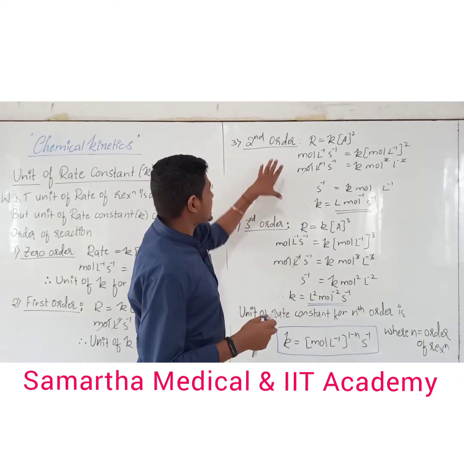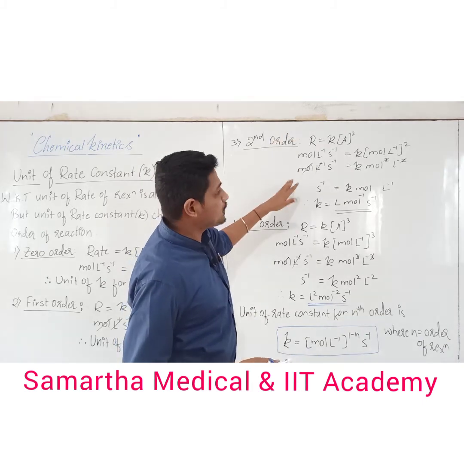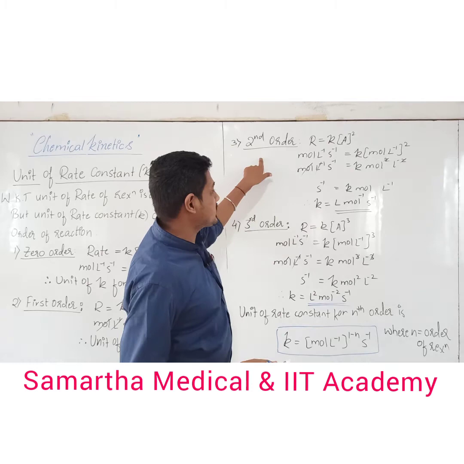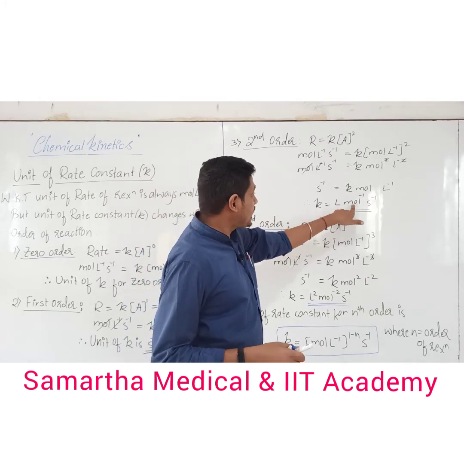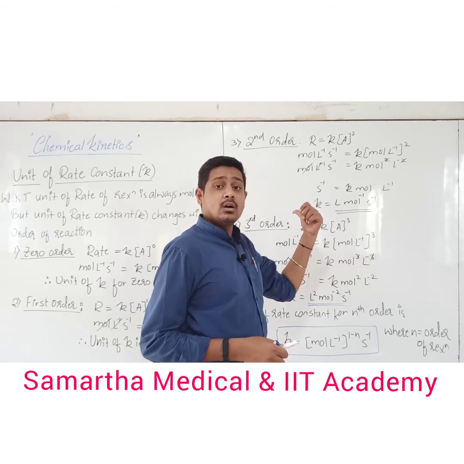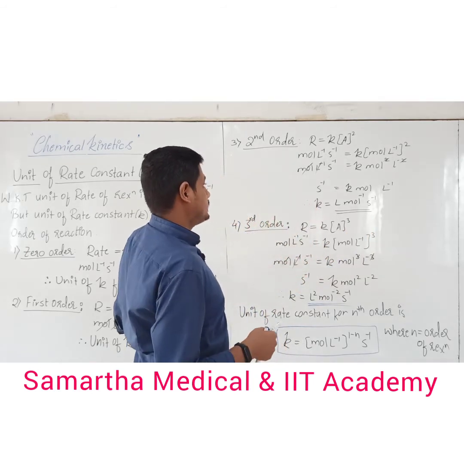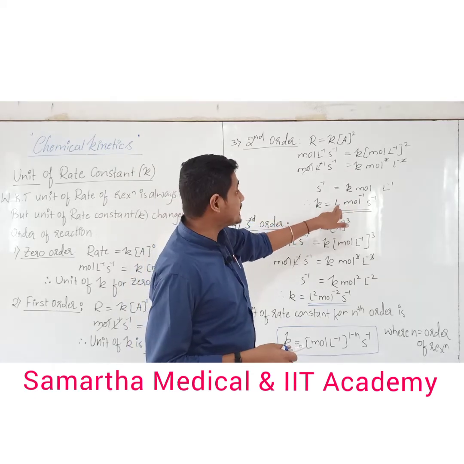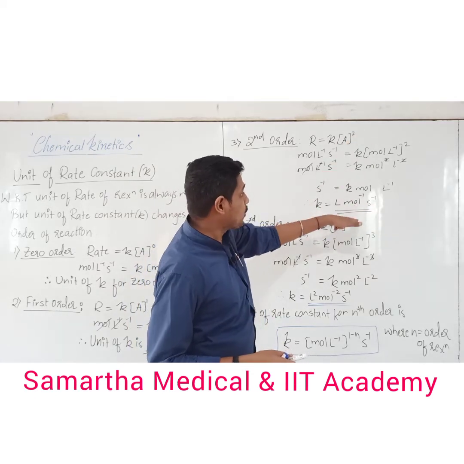Similarly, when you go for second order reaction, the same calculations apply. So the unit of rate constant for the second order reaction is liters per mole per second. It changes here. For the zero order reaction it is moles per liter per second. Here for second order reaction it is liters per mole per second. How does it come?